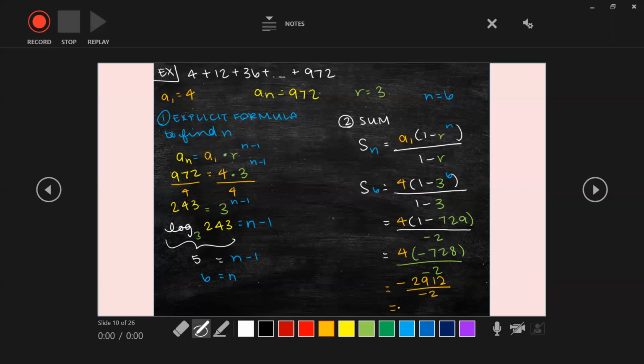So it's going to be 1456. That's the sum of the series.